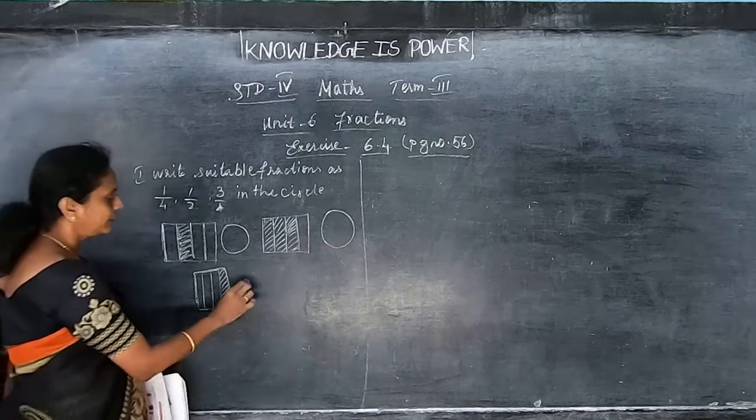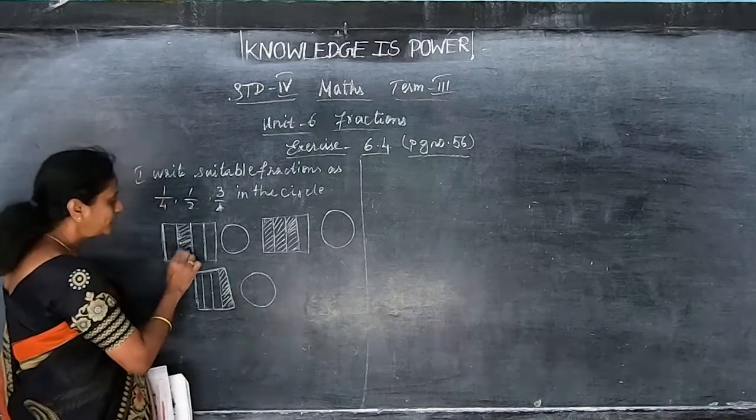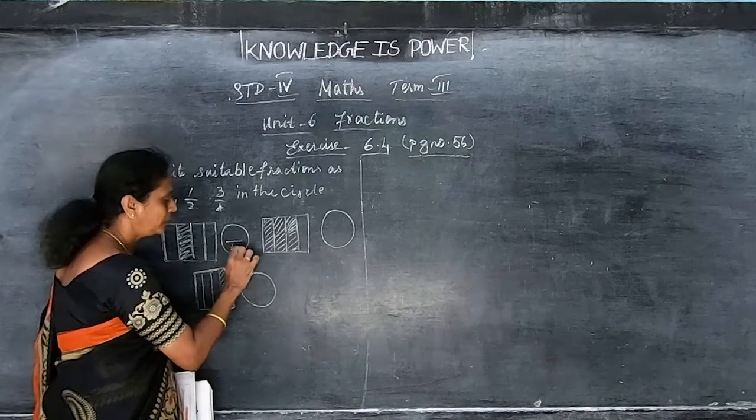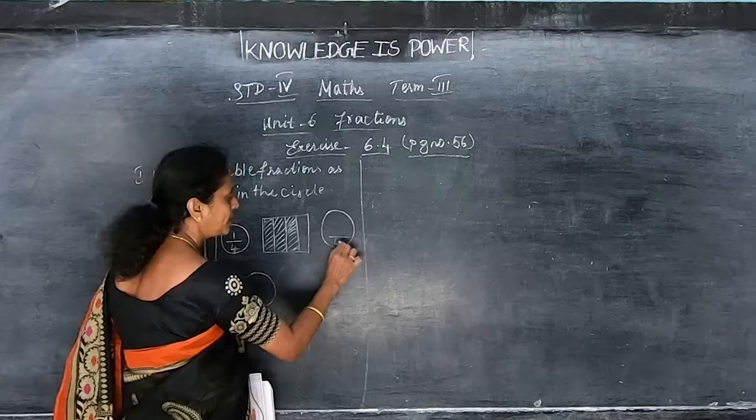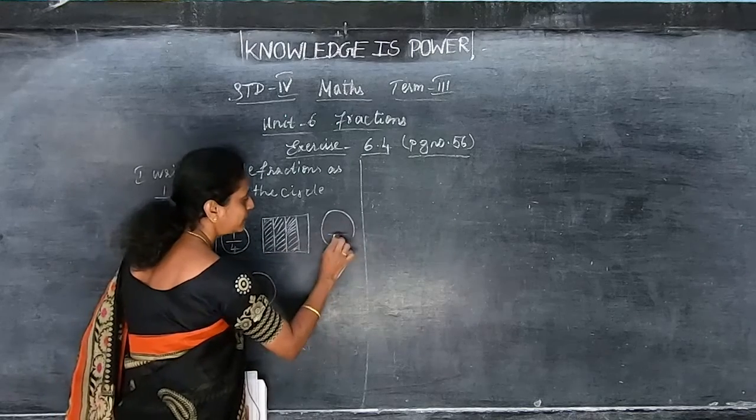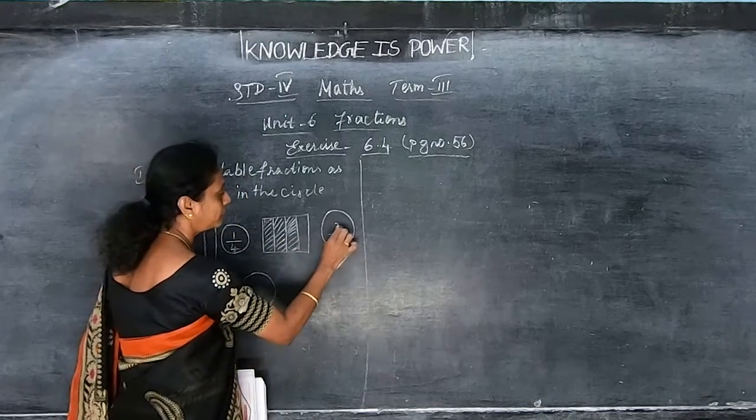So you can write: how many portions are there totally? 1, 2, 3, 4. So you write the denominator as 4, and how many are shaded? That is 1. Here also 4 parts. How many are shaded? That is 3 parts, 1, 2, 3. You can put 3 by 4.